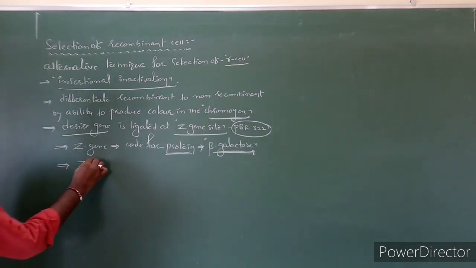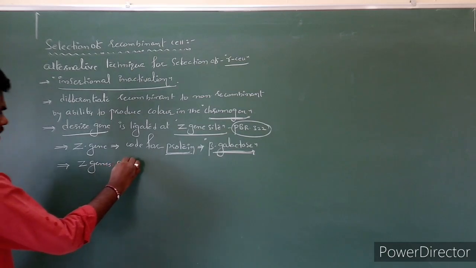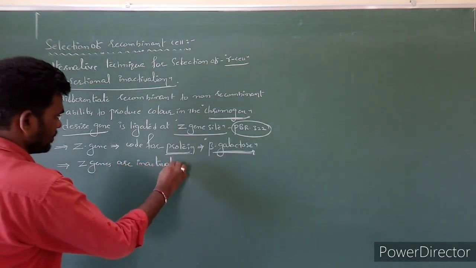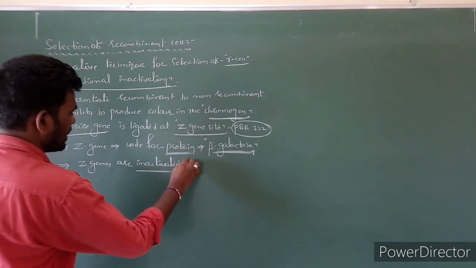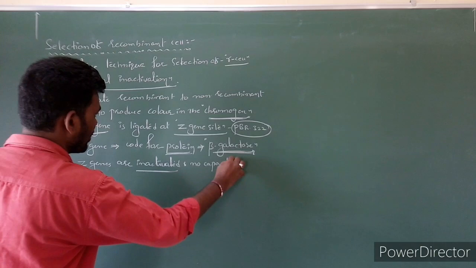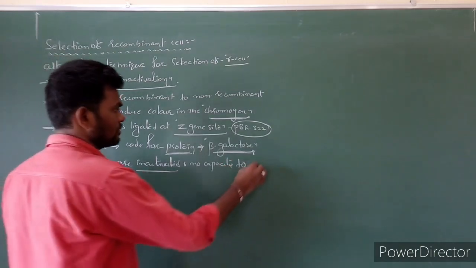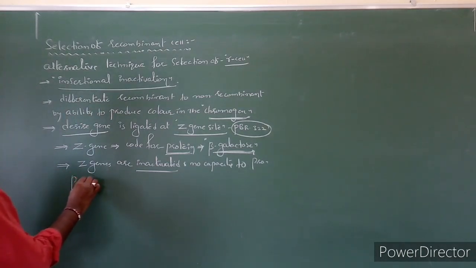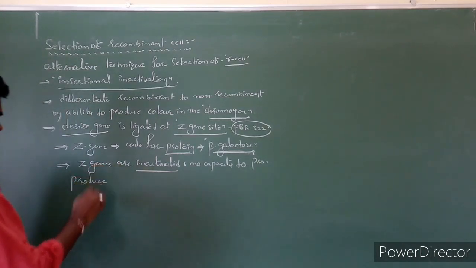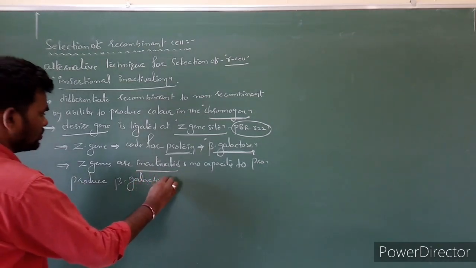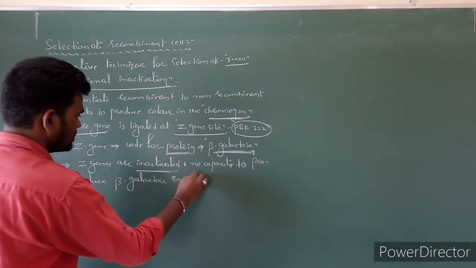These Z genes are inactivated and have no capacity to produce beta-galactosidase enzyme.